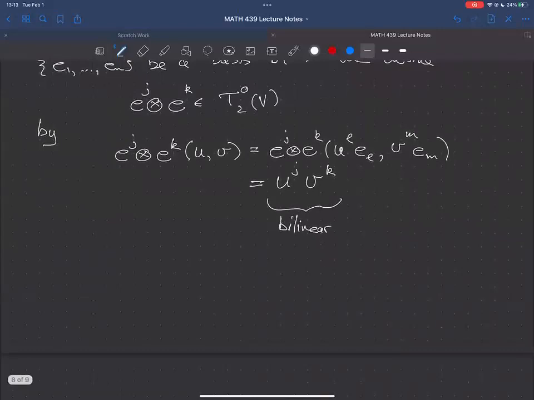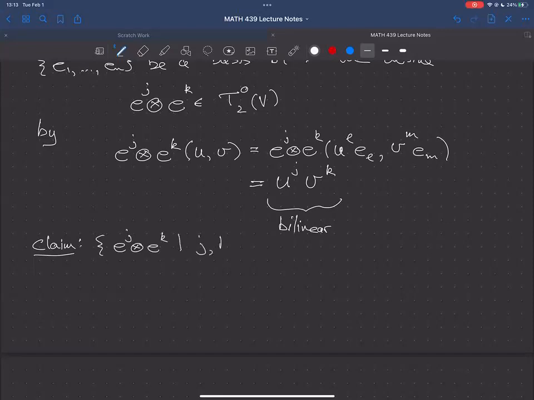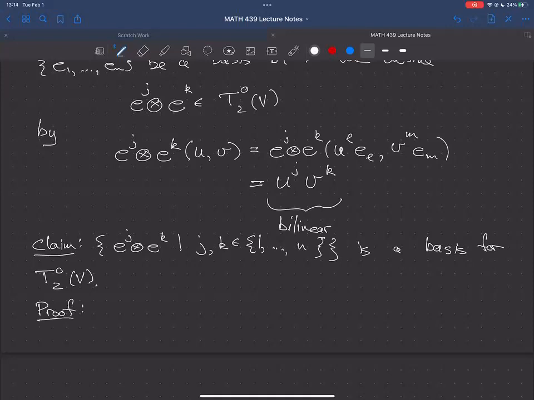So then the obvious thing we're going to do is prove that this is a basis for the vector space of all bilinear maps.